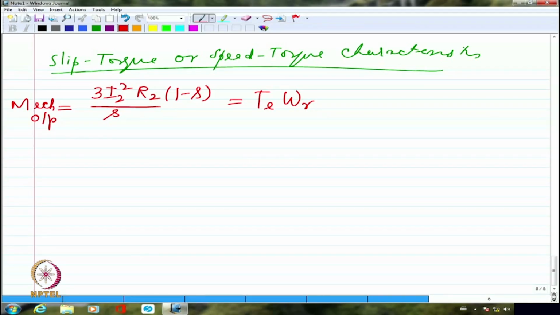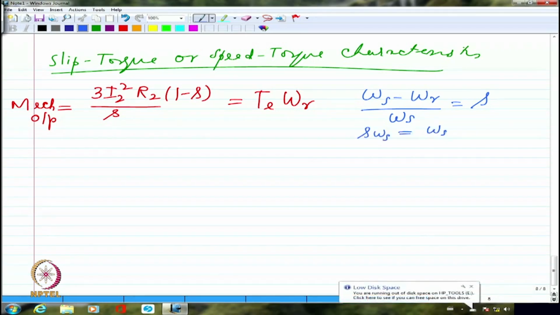Now we also said omega S minus omega R divided by omega S is slip. So I can write always from here S times omega S equal to omega S minus omega R. Right?